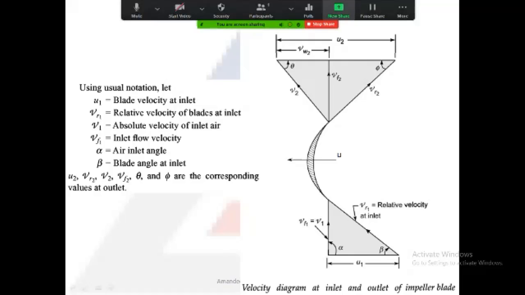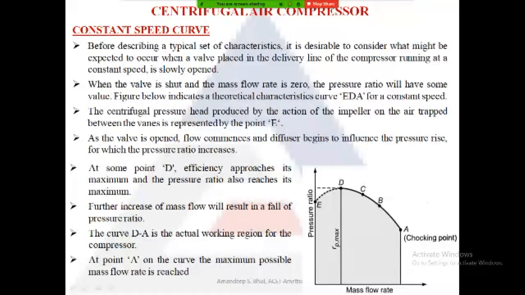Next, if we look at the working of a centrifugal compressor, see the graph at the bottom. On the horizontal axis, we have the mass flow rate of air, and on the vertical axis, we have the pressure ratio.